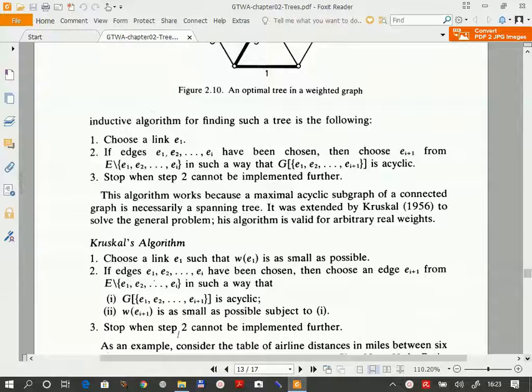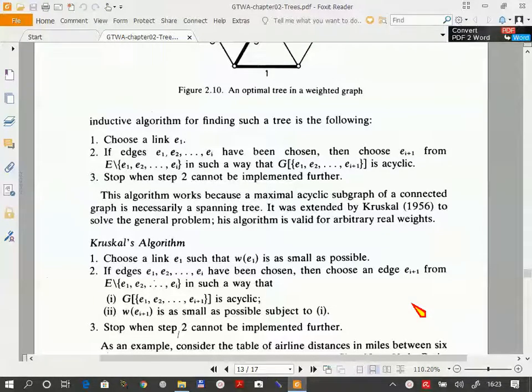Among the ones which do not close a cycle, you choose the one with the minimal weight. Okay, and then you go on, and when you're done, you are bound to end with a spanning tree, if you started, of course, with a connected graph, and with the spanning tree on which the sum of all weights is as small as possible.